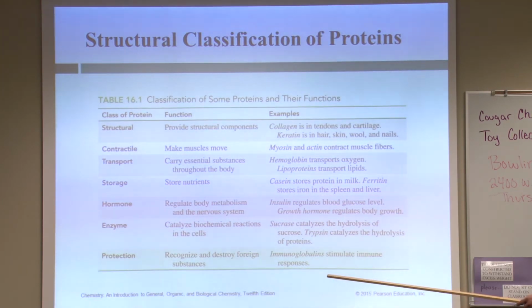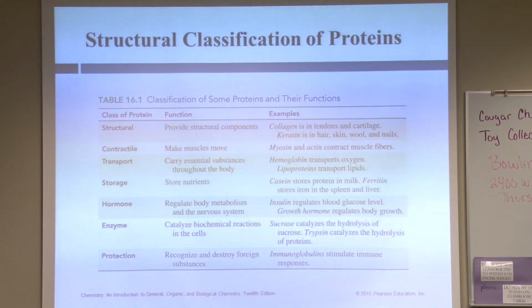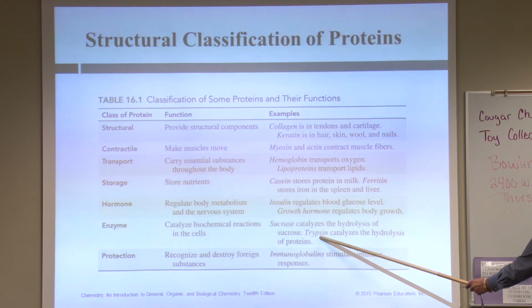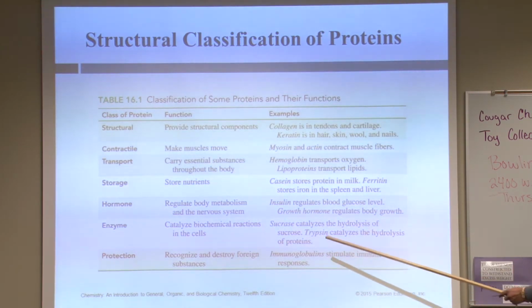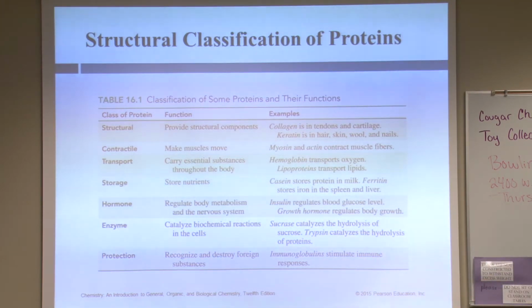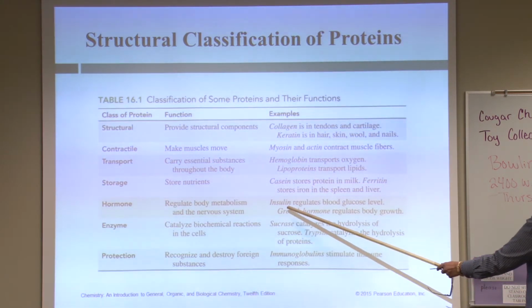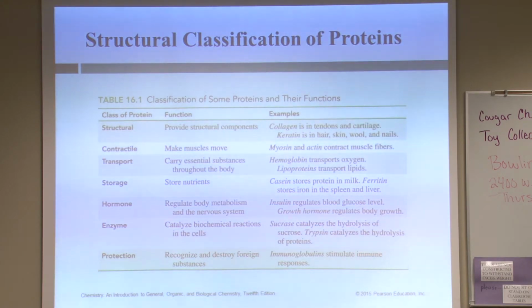When it comes to enzyme action to catalyze biochemical reactions in the cells, trypsin is a protein, and so is sucrase, which catalyzes hydrolysis of sucrose. These are enzymes which are proteins that help in biochemical reactions. Then as hormones that regulate body metabolism and the nervous system, you have insulin, a very important hormone that regulates glucose levels, and it is a protein.